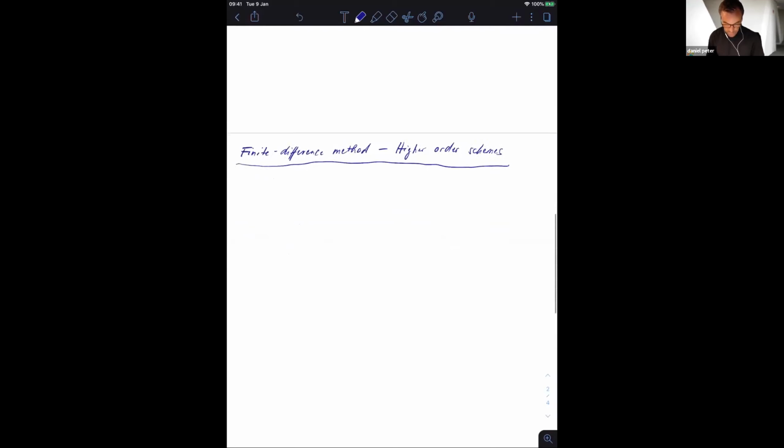So what we aim for is a fourth order scheme, for example. So let's see how we could create such a scheme. And let's start again with the approximations that we know already.